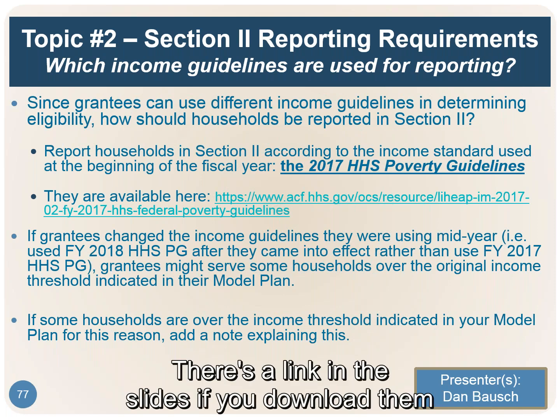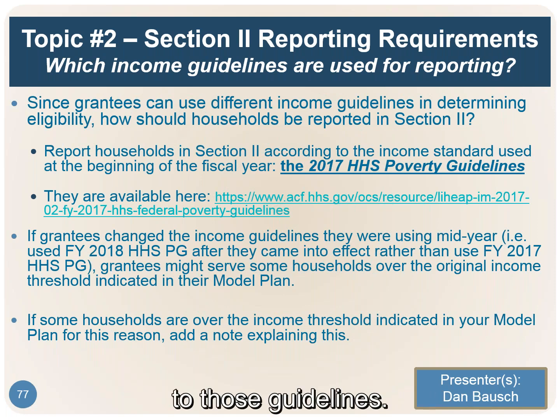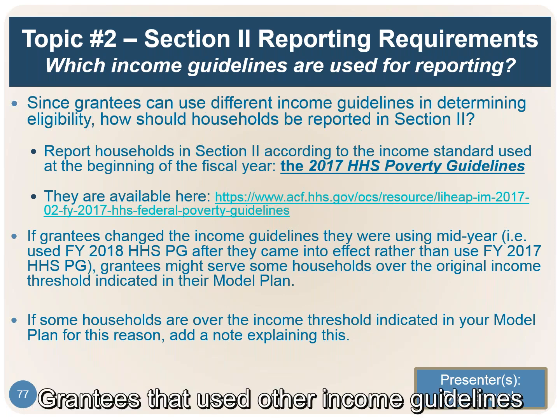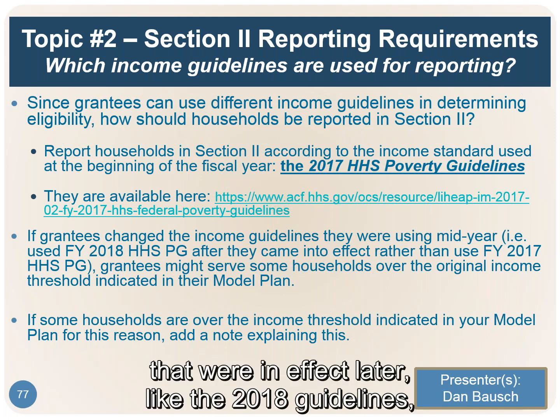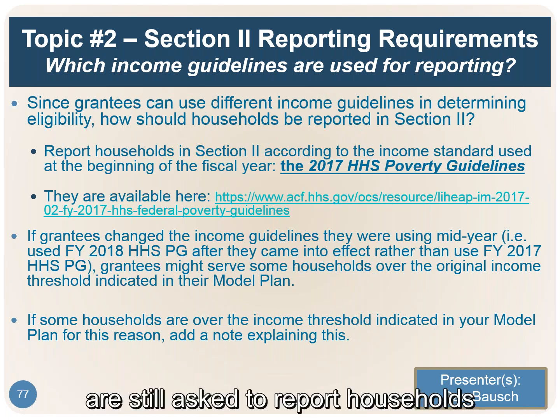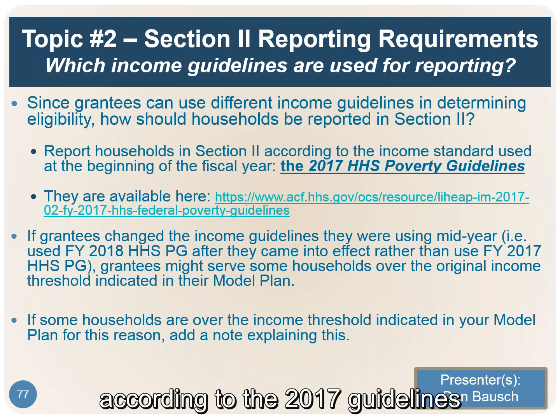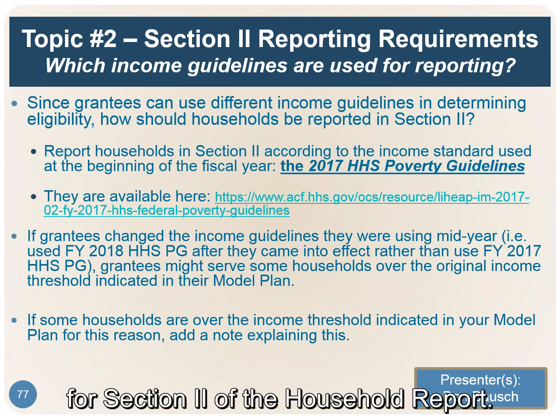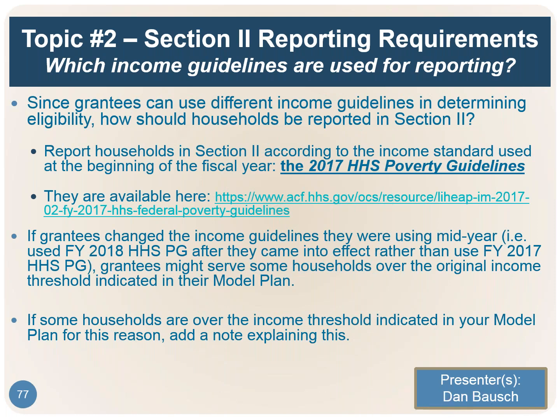There's a link in the slides if you download them to those guidelines. And grantees that used other income guidelines that were in effect later, like the 2018 guidelines, are still asked to report households according to the 2017 guidelines for Section 2 of the household report.